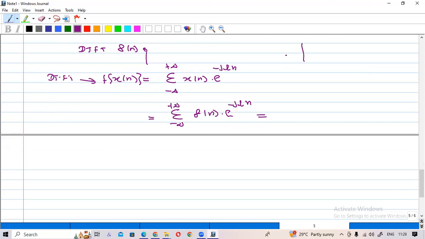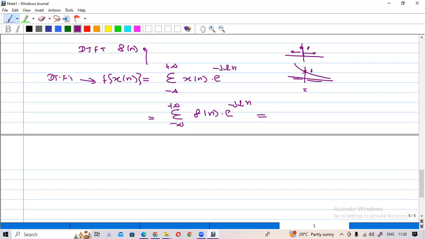Very simple. Delta[n] is like this; this is 1. And e to the power minus j omega n will be like this, and here it is 1. Now if you multiply them, you can see that these parts are 0.